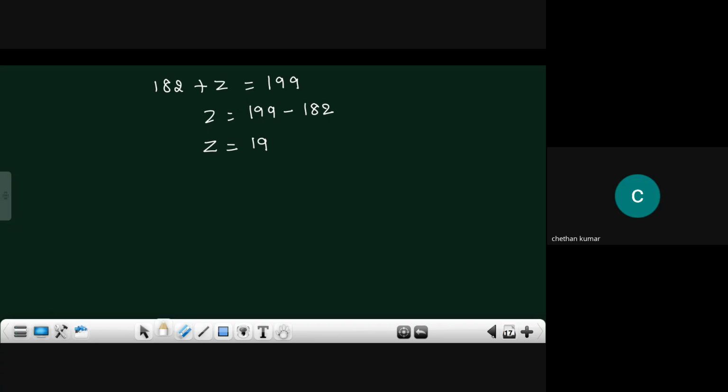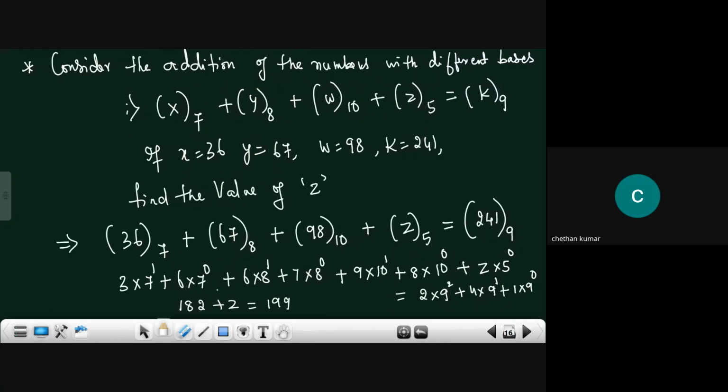Okay, can you please check it? Z is 17, huh? 17 or 30? 17. Okay, this is 199 is correct? Okay, just clarify this. The LHS value. Sir, 181.